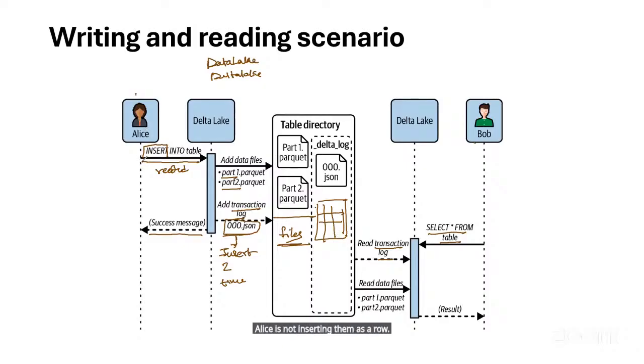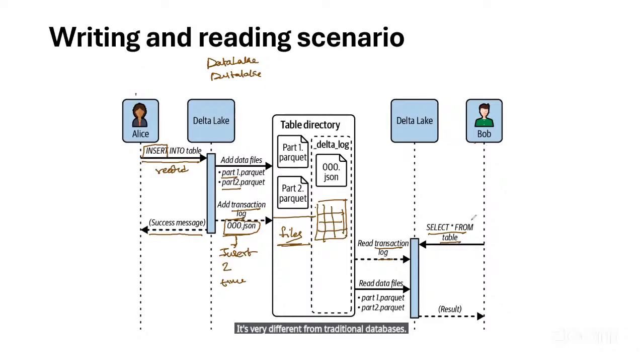Alice is inserting them as files because it's a lakehouse. It's not a database. When she says insert into, her data will be split into two Parquet files. And also those Parquet files will be available as rows in the table. It's very different from traditional databases.